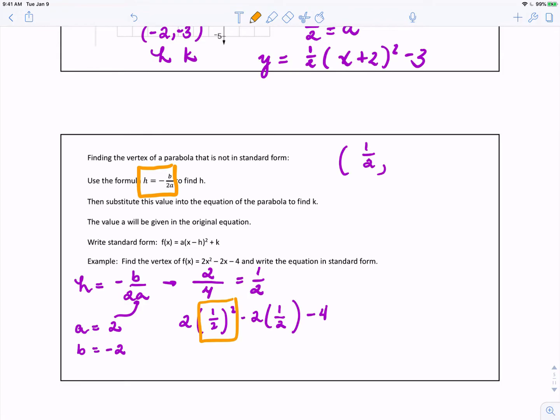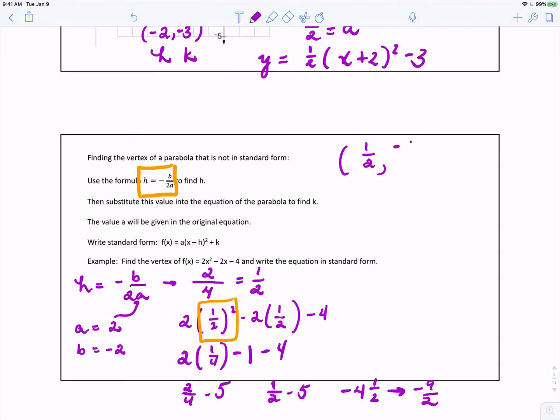So this is going to be 2 times 1/4 minus 2 times 1/2 is 1, minus 4. In other words, 2/4 minus 5. In other words, 1/2 minus 5. And 1/2 minus 5 is negative 4.5, which now we can transform back into a fraction. So that would be equal to negative 9/2.